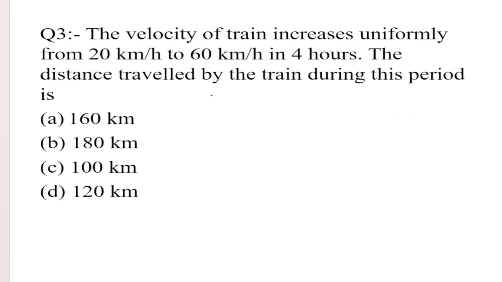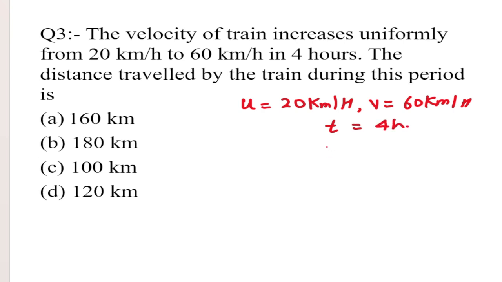Now question number third. The velocity of train increases uniformly from 20 km per hour to 60 km per hour in 4 hours. Initial velocity 20 km per hour. The final velocity 60 km per hour and the time is 4 hours.